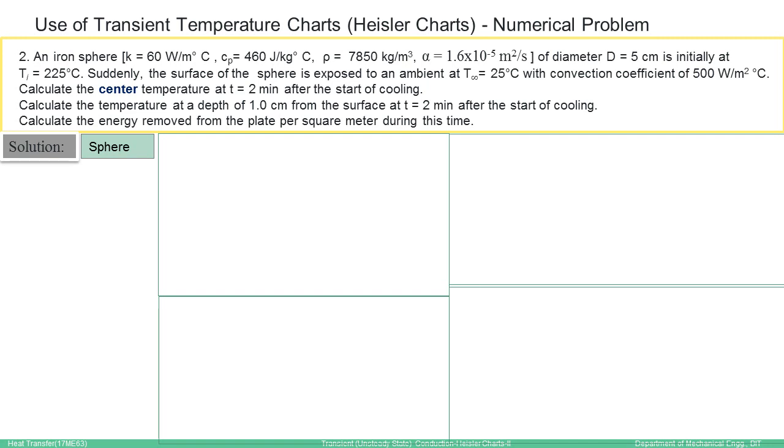In the previous problem, the thickness was taken as 5 centimeter for that of a slab, but here the diameter is 5 centimeter, and everything else looks the same: K, Cp value, rho, alpha, T naught, Ti and T infinity.